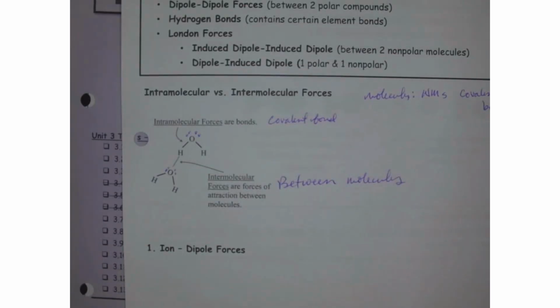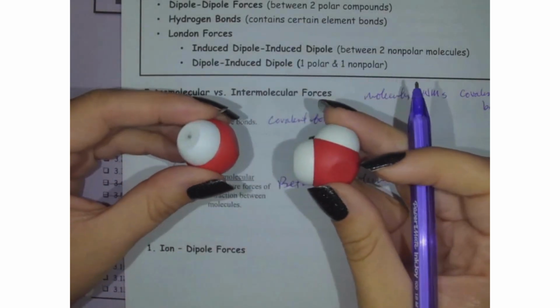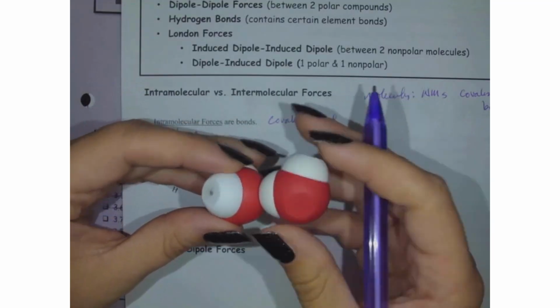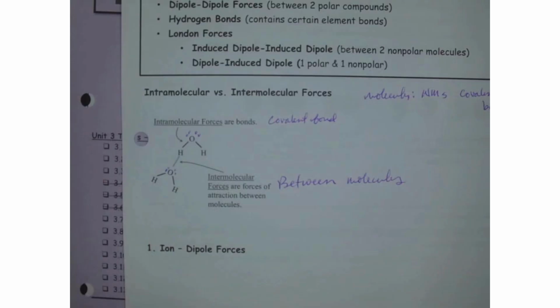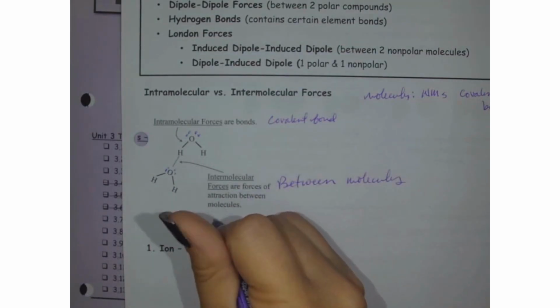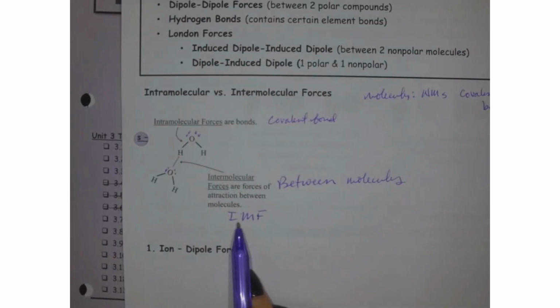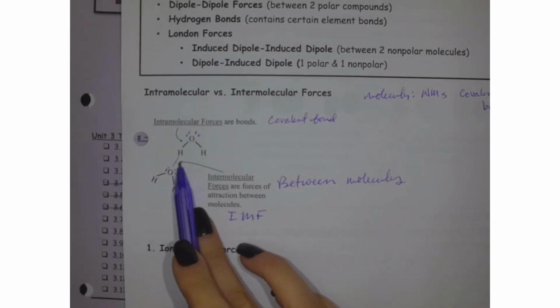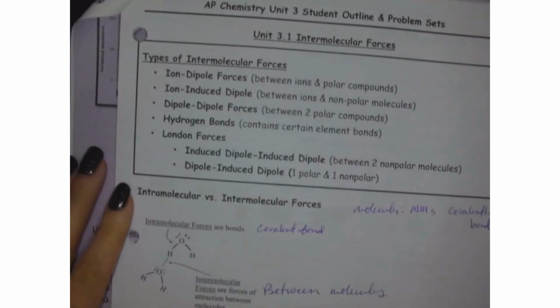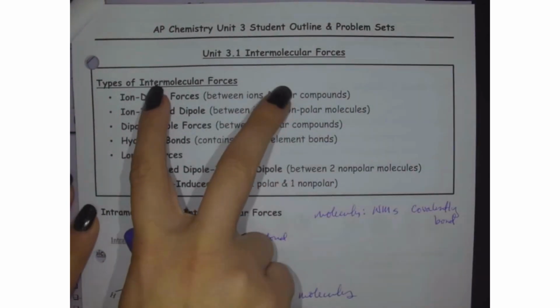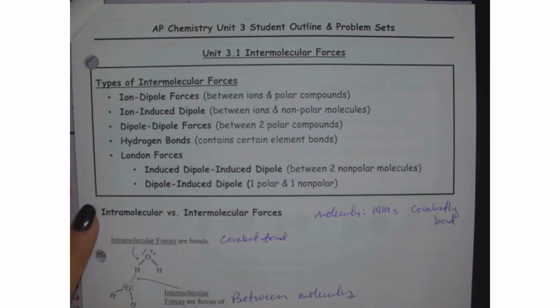IMFs, intermolecular forces, are not as strong as intramolecular. IMF always stands for inter, not intra. So whenever I say or you see IMF, it's the intermolecular force, it's between. And these are the different types of IMFs that you're going to have to be aware of and be able to identify.